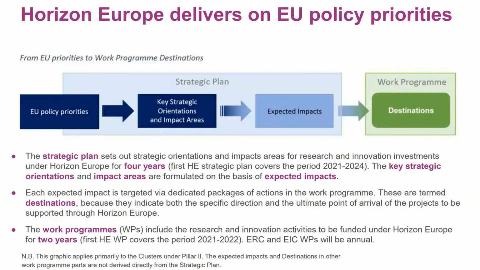Each expected impact is targeted via dedicated packages of action in the work program. These are termed destinations because they indicate both the specific direction and the ultimate point of arrival of the projects to be supported through Horizon Europe. The work programs include the research and innovation activities to be funded under Horizon Europe for 2 years.